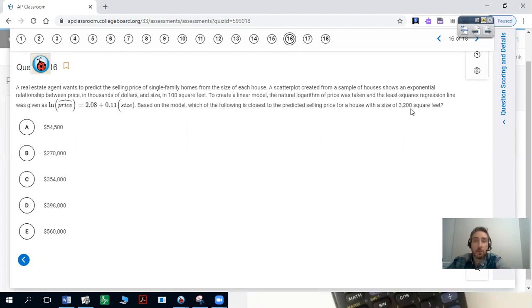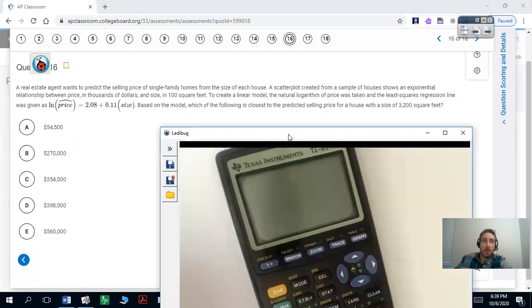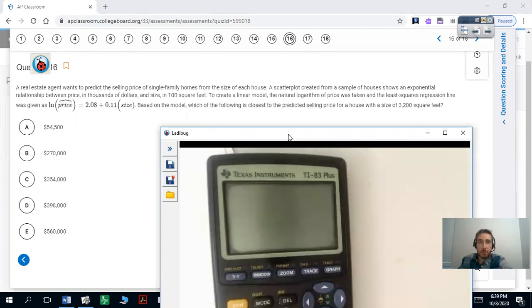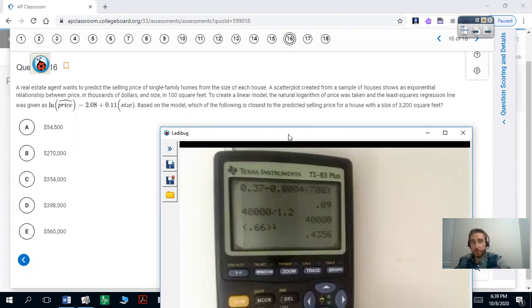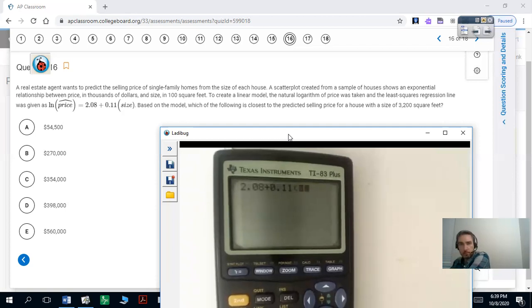So we're going to use our calculator here, and we're going to plug in 3,200 into our equation. Now it's talking about ln here. ln, that base is going to be e.